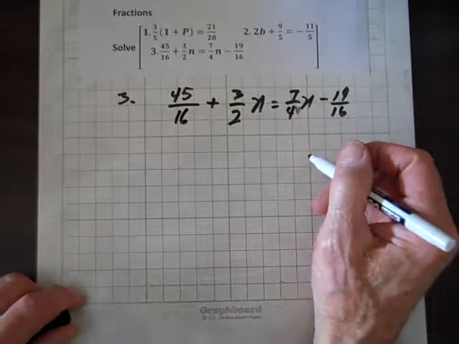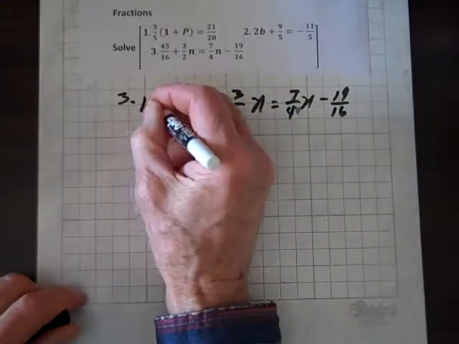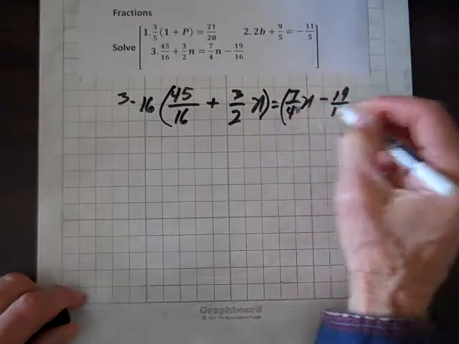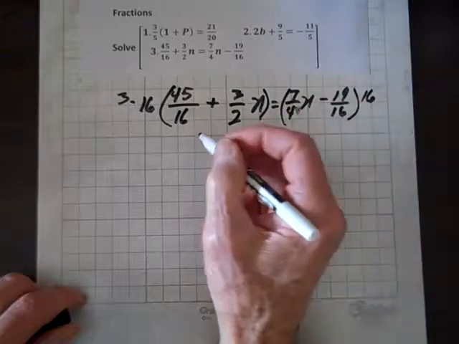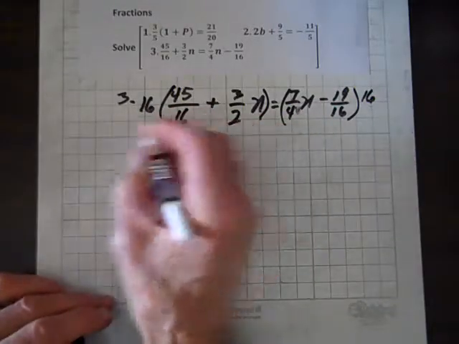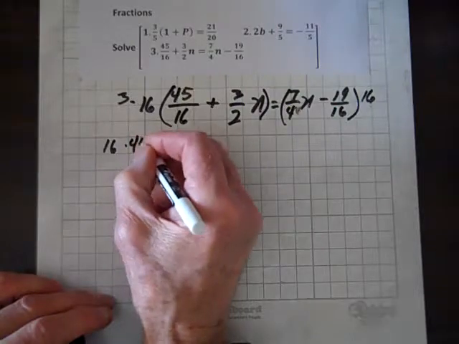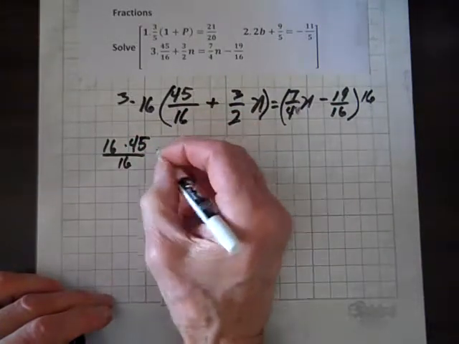Now, let's multiply through by the common denominator, the least common denominator, which is 16. Okay, going to multiply both sides by 16. And this way we'll get rid of our denominators. So what we have here, we'll have 16 times 45 over 16. That's the first term.